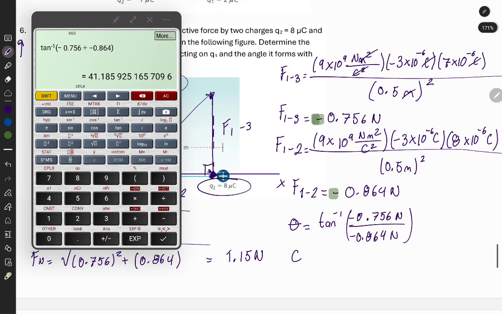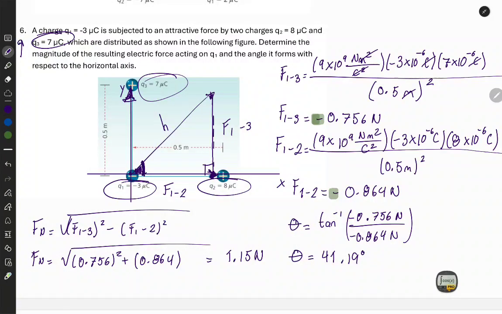So the angle in here is equal to 41.19 degrees.